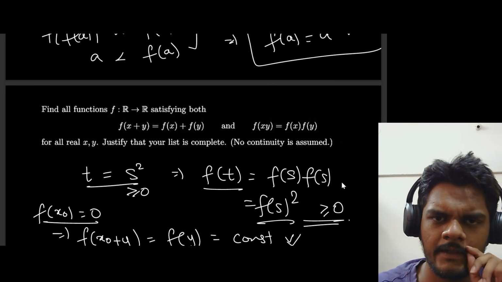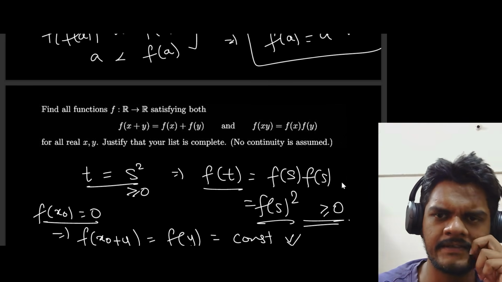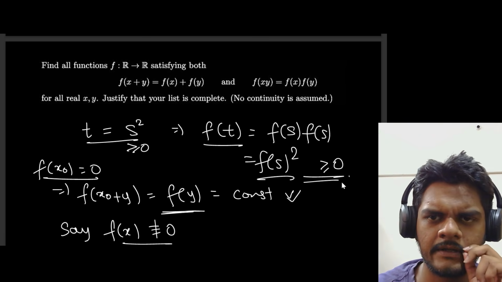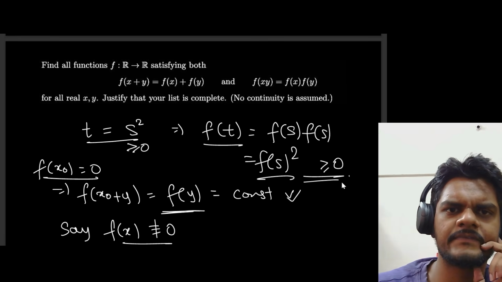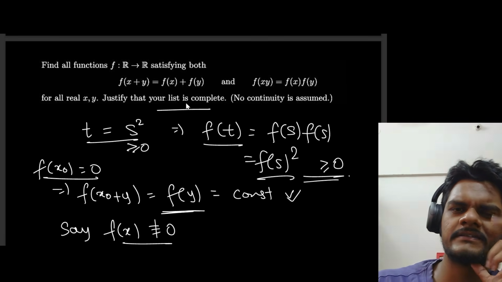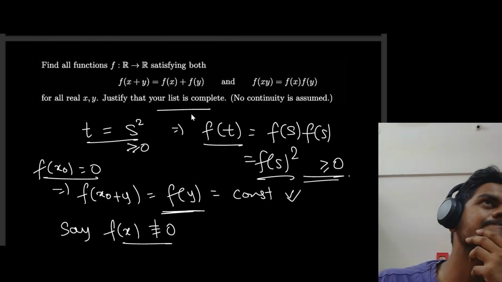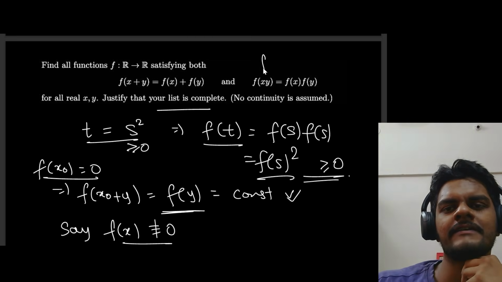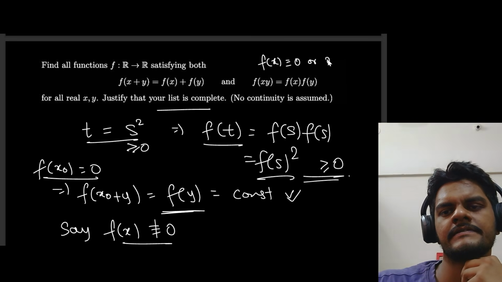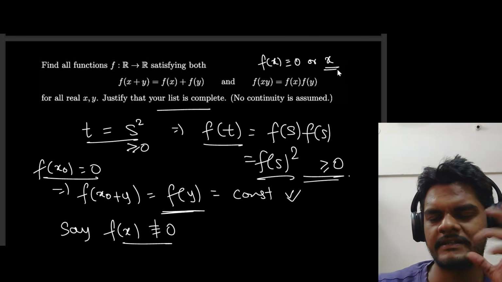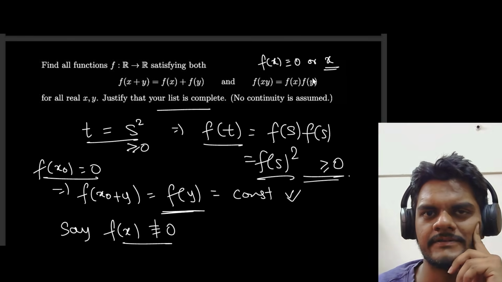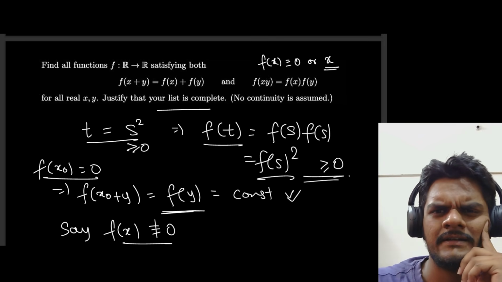All right. So let's see what we can do. Justify your list is complete. I am guessing f of x is either 0 or it is identically equal to x. So it is an identity function.